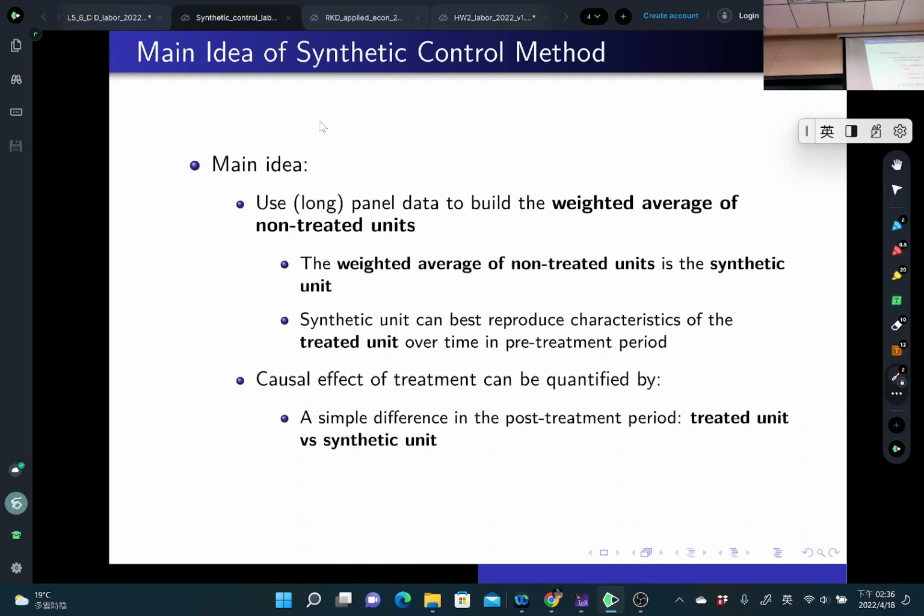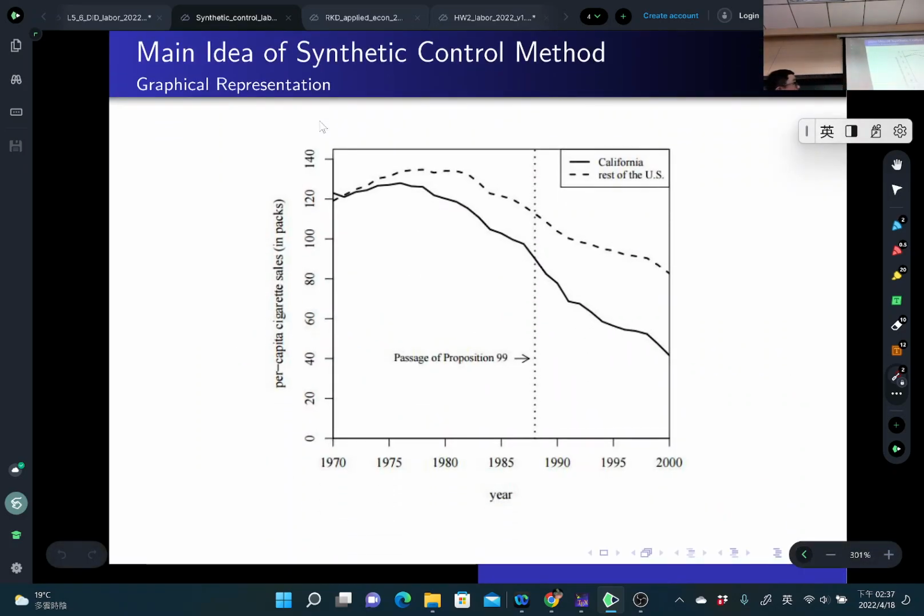And if you can construct this synthetic unit, then you can get a causal effect of treatment by just a simple difference in the post-treatment period between the treated unit and the synthetic unit. And I will use this example to demonstrate what this means.